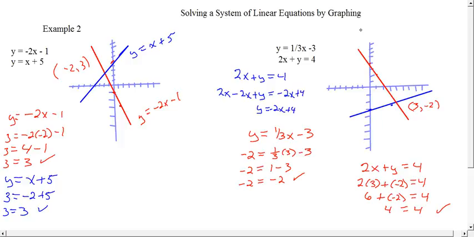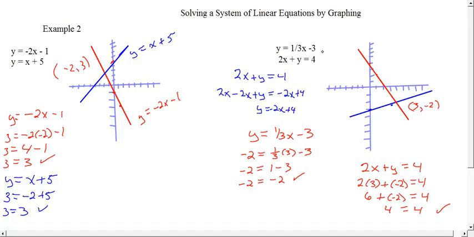The second system we're looking at is y is equal to 1/3 x minus 3, and 2x plus y is equal to 4. Now notice one thing: the first equation is in slope-intercept form. The second one is in linear standard form.